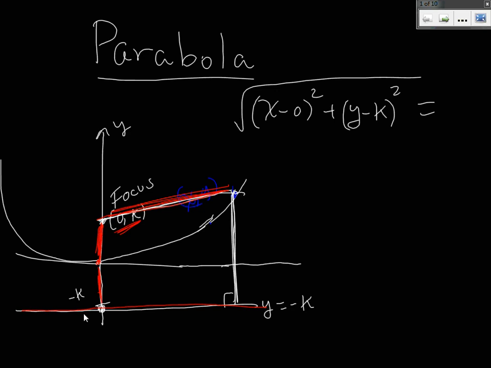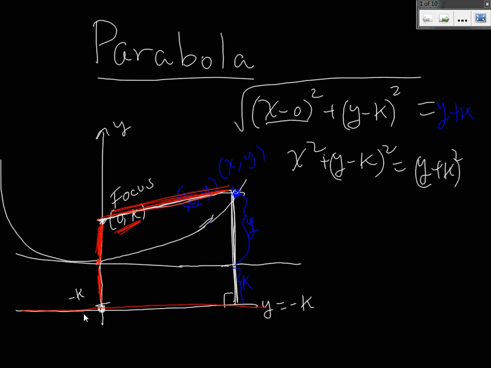Well, if this point right here is x comma y, like we've been saying, then that height is y, and that height is k, and when you add them, you get y plus k. Now, let's square both sides. Remember that x minus 0 is just x. So when we square it, we'll get x squared plus y minus k squared is equal to the other side squared. Let me bring this term to the other side.